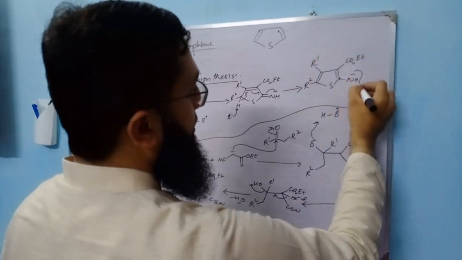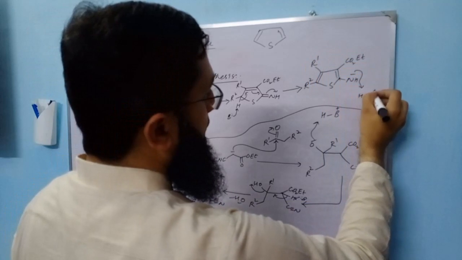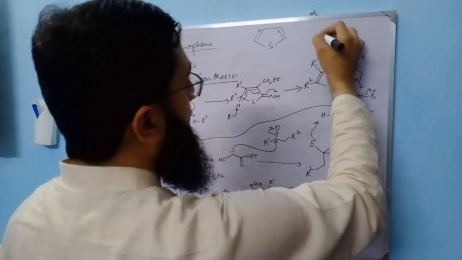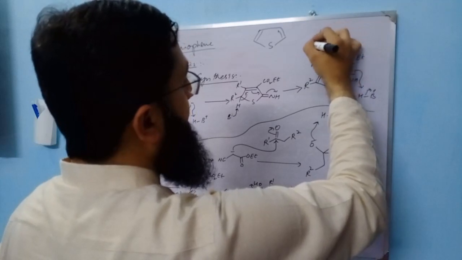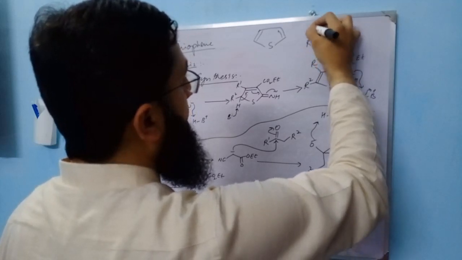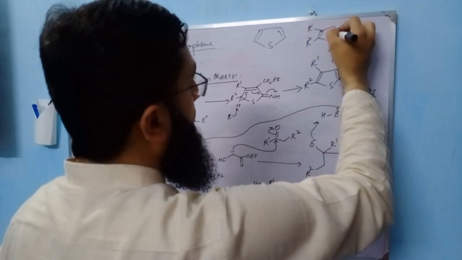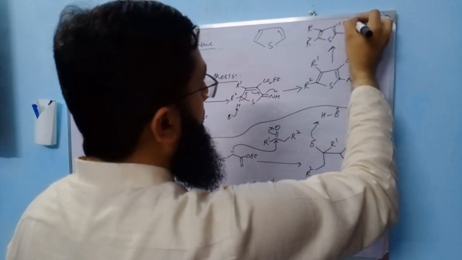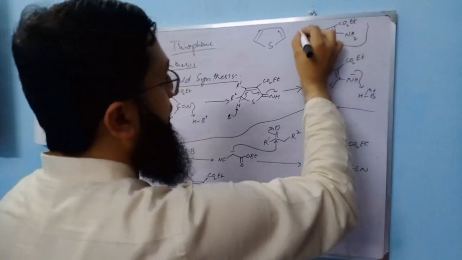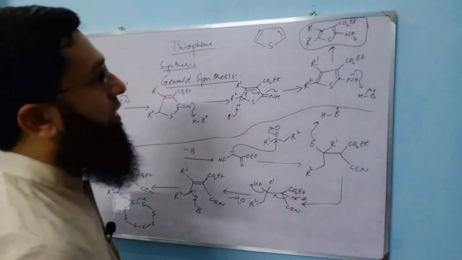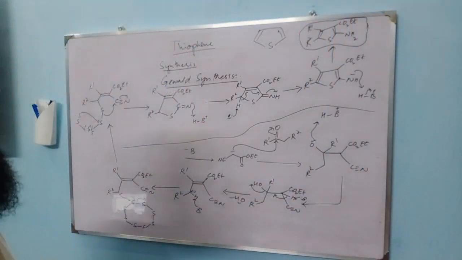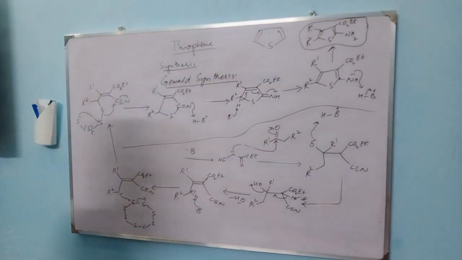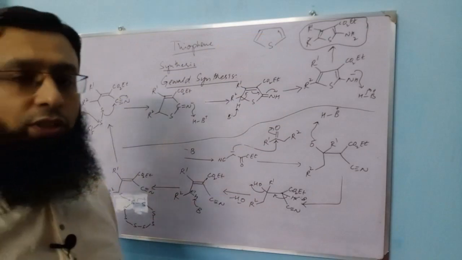And this will take the proton from the protonated base, and as a result we will get this molecule. So this is our thiophene derivative, and this is the mechanism. I hope you have understood this mechanism.